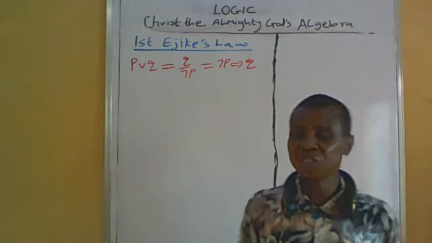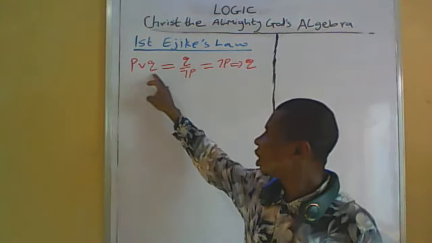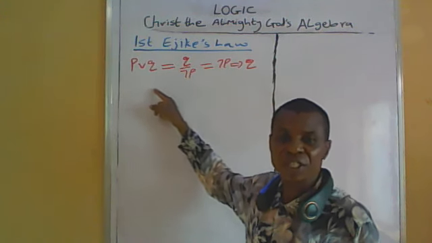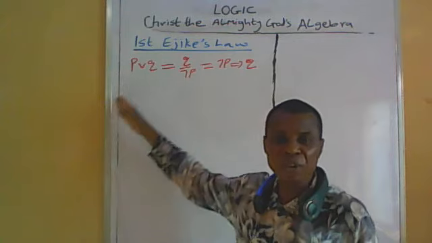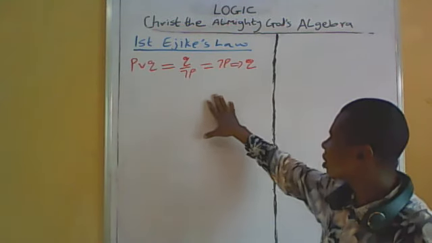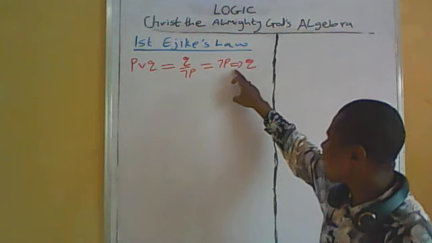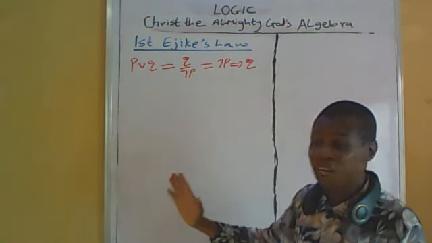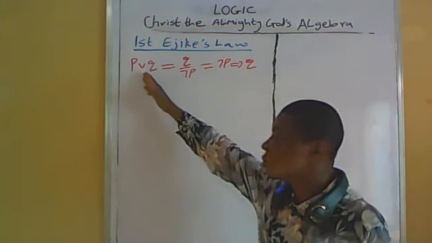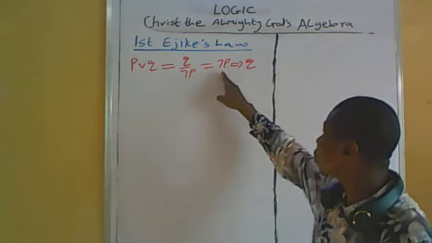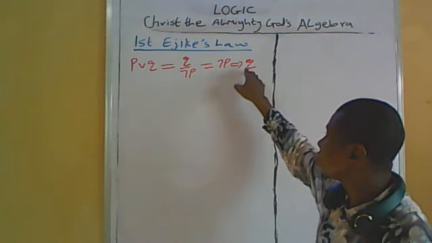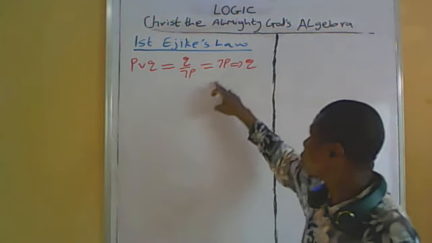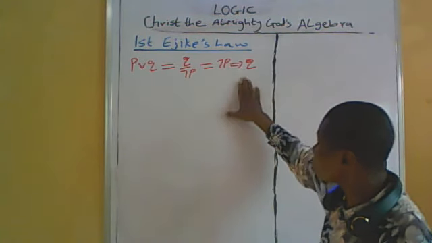You will see that this P or Q is a disjunctive statement, which we transform to a conditional statement. That means not P implies Q. So it is logically equivalent, that is the law. It says that whenever P or Q is true, not P implies Q is also true.